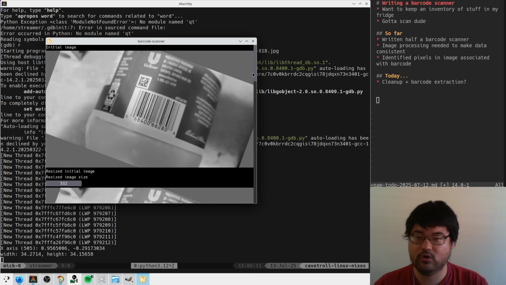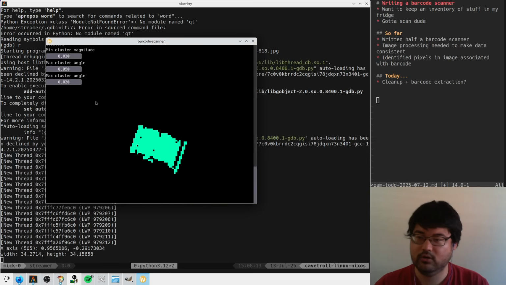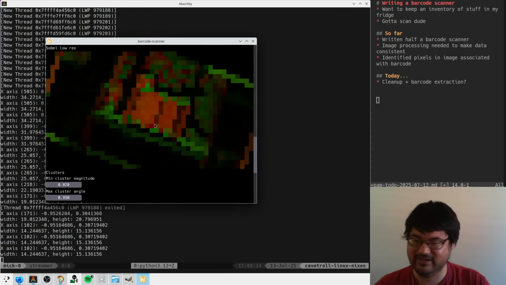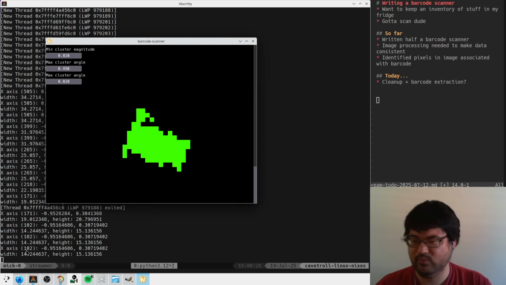Okay, width 34, height 34. How big do I think this is? If I downsample more, it might be easier to. So width 14. 1, 2, 3, 4, 5, 6, 7, 8. That's not helpful. I guess height here.